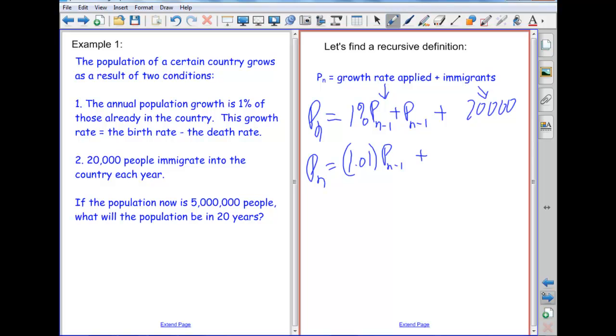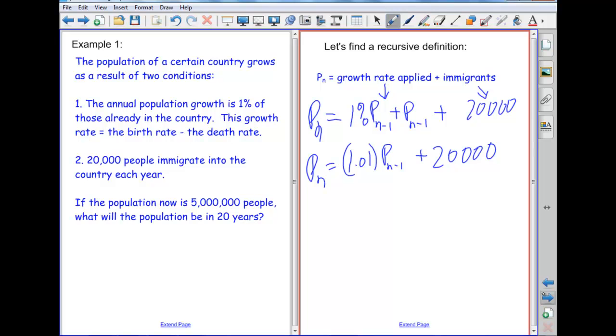Wouldn't it be 20,000 n instead of just 20,000? Would it be 20,000 n? It's a recursive definition. You're not trying to come up with the explicit form. You're trying to do the explicit form right away and come up with, in year n, how many immigrants have been there since year 0. So we want this. Recursive is basically what you do, you just want the next one.